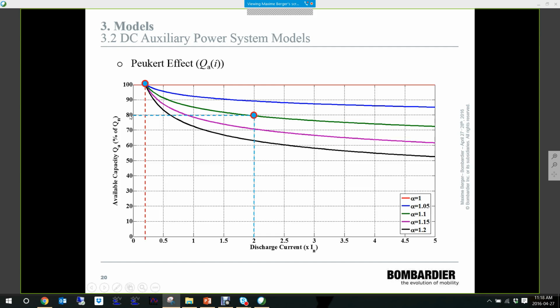For example, if we consider a battery with a Peukert coefficient of 1.1, which is the green curve, what we see is that if we discharge the battery at 2 times its nominal current, its available capacity drops to 80% of its nominal capacity at 0.2 IN, which is here.